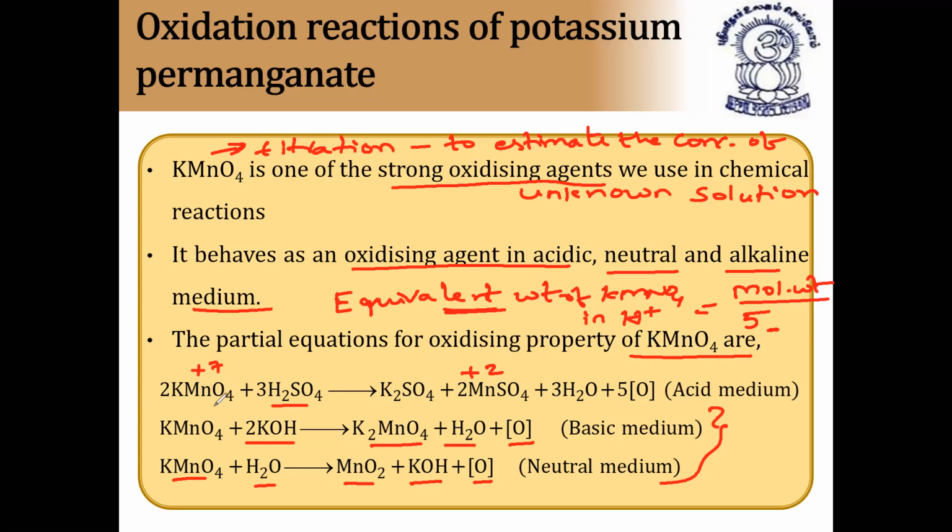So this is potassium permanganate, and the equivalent weight is 39 plus 55 plus 64 by 5, because 39 is the atomic weight of potassium, manganese 55, and 16 is the atomic weight of oxygen. But since 4 oxygens are there, 16 times 4 is 64, by 5.